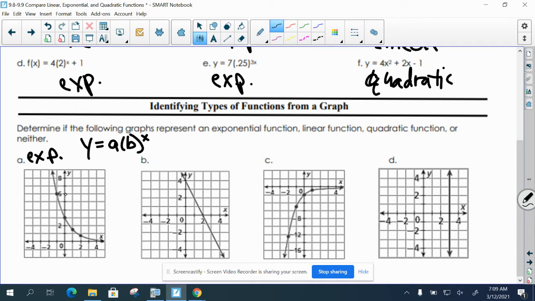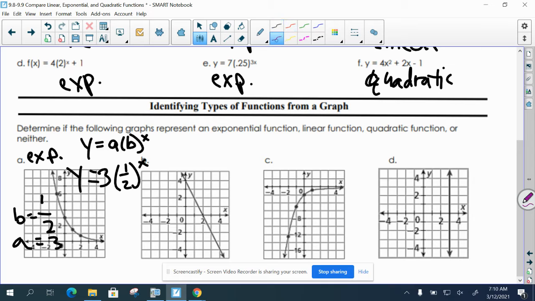So here, this is going from 6 to 3 to 1.5. So you're multiplying by 1/2. So the b is 1/2. The a is 3 because that's your y-intercept. So we would write y equals 3 times 1/2 to the x.